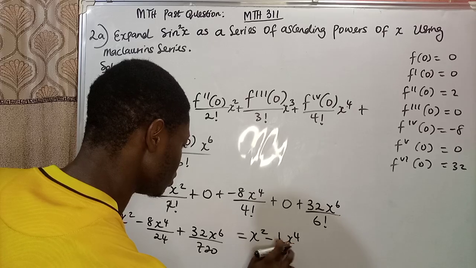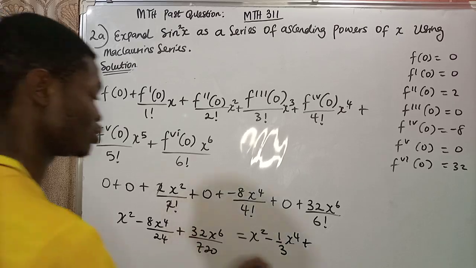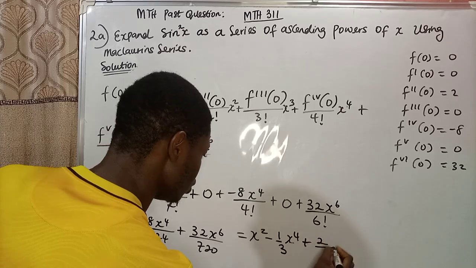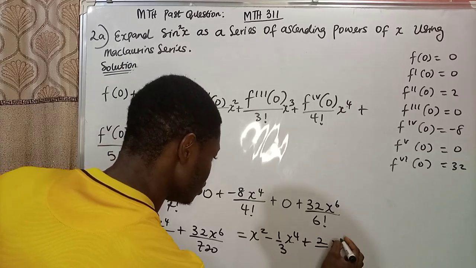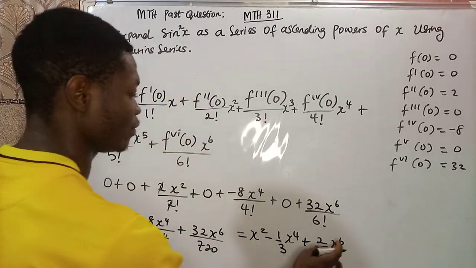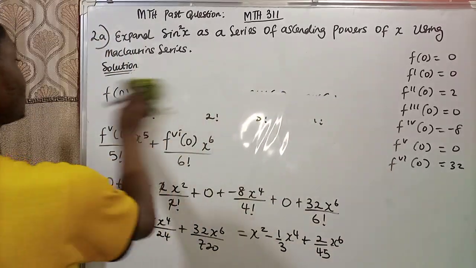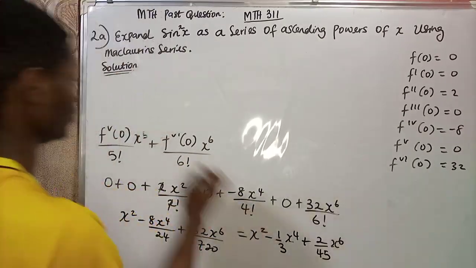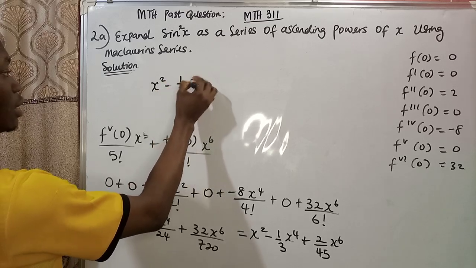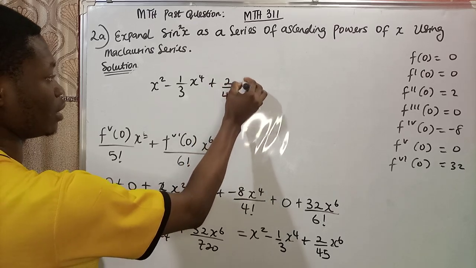So plus 32 divided by 16 is 2. We have 2 all over, remember our x to the power of 6, 16 divided by 720 is 45. So our answer will be x squared minus 1 over 3 x to the power of 4 plus 2 over 45 x to the power of 6.